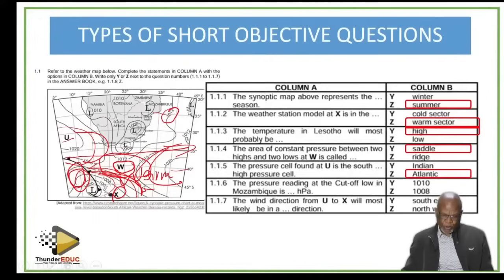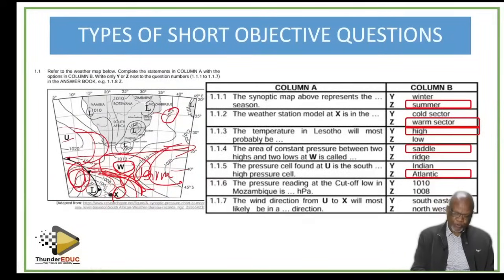And then you could do the same if they ask you what is the air pressure at any, okay, you can see here this is a low pressure and the pressure here is 1600 millibars. And then because this is a low pressure, it means when you move away, the pressure will increase. But this one is a high pressure, meaning that when you move away from U, the pressure will increase.